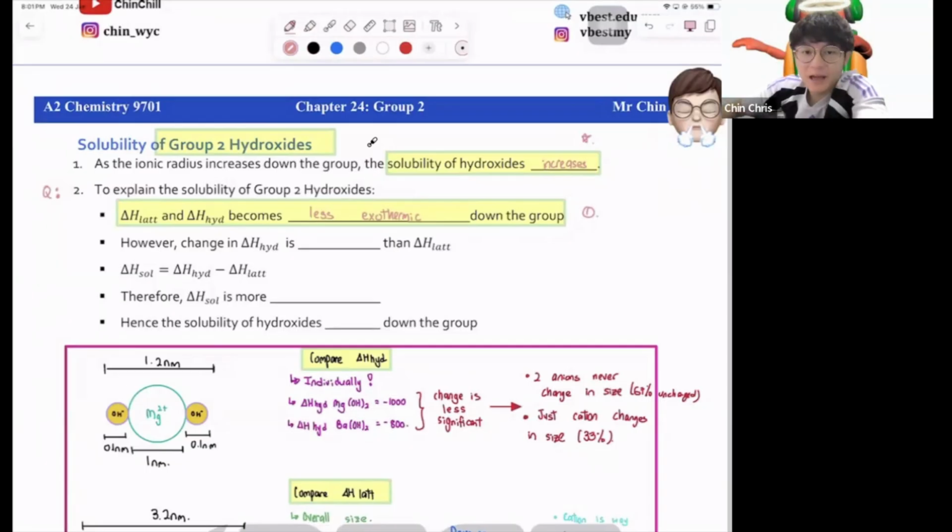After that, what can I continue? However, which one is more significant this time? This time your lattice is more significant. The change in hydration is less significant than lattice, or lattice is more significant now.